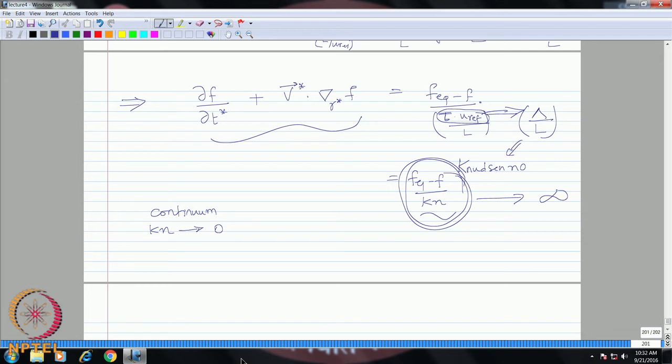On the other hand, if you are talking about high Knudsen numbers going to infinity, what is this limit? Free molecular limit if you talk about gas dynamics. If you talk about nanoscale, generally this is called ballistic transport.